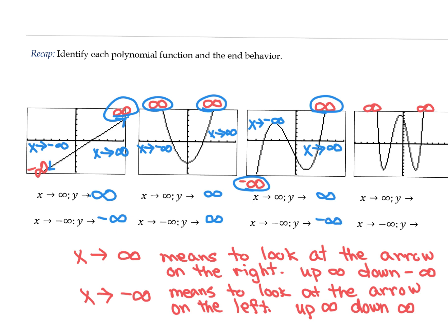On the last example, on the right-hand side of the graph, as x approaches infinity, y is approaching infinity because that arrow is going up. On the left side of the graph, as x approaches negative infinity, y is going up, therefore it approaches infinity.